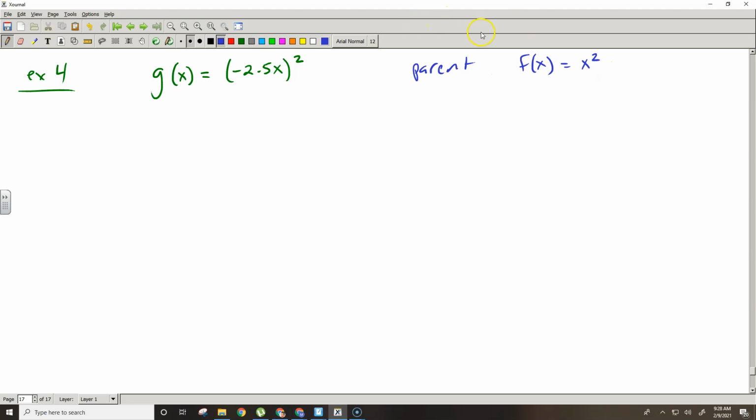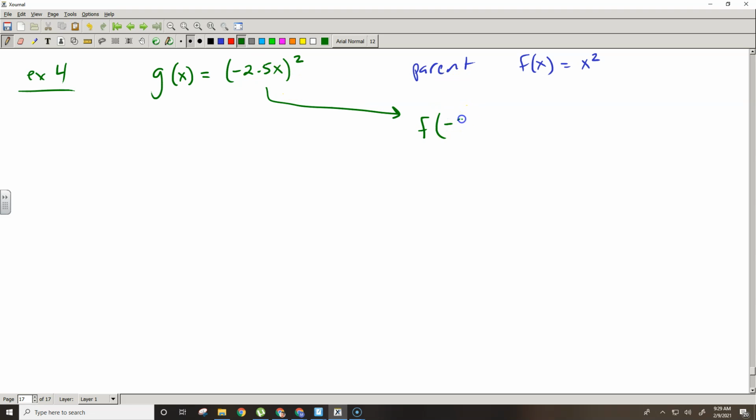We can't really just substitute in here an x squared. What this is going to be is if we plugged in -2.5x into this function. So we can think of g of x, in comparison to f of x, as f of, instead of x squared here, we have -2.5x.